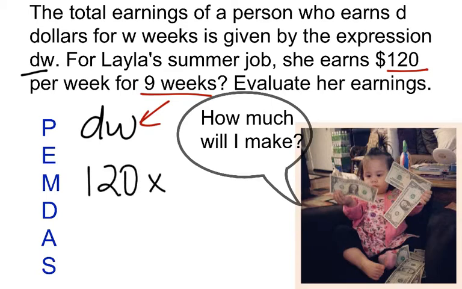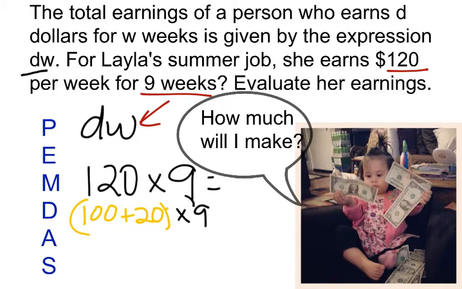So I have 120 times 9. And in this case, I actually will use the distributive property because I can do it faster if I make this 100 plus 20 times 9. And then I can distribute that.